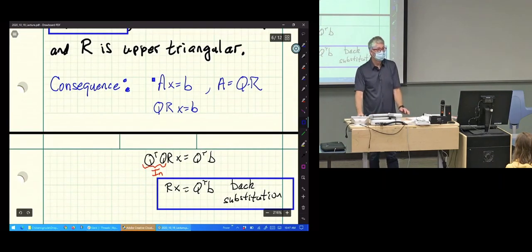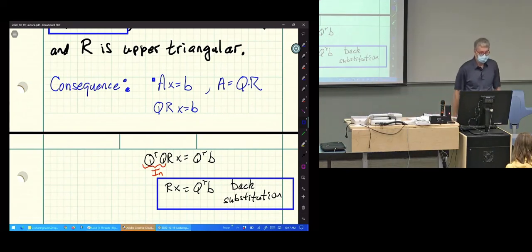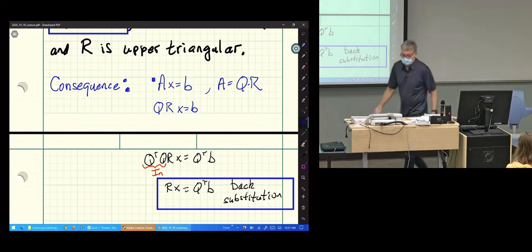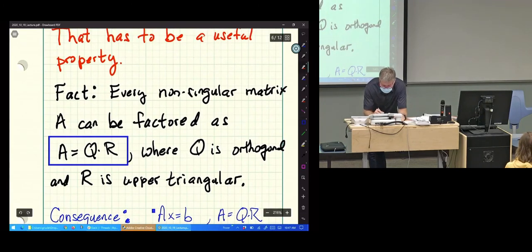Does this seem cool? Question? What is a singular matrix? Is it the identity? Non-singular means determinant of A not equal to 0. You can also say invertible.